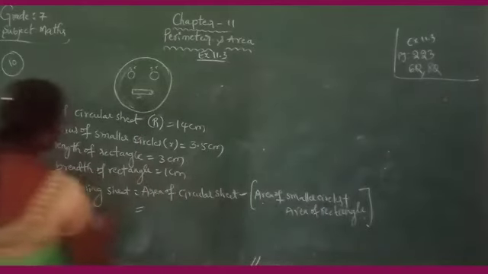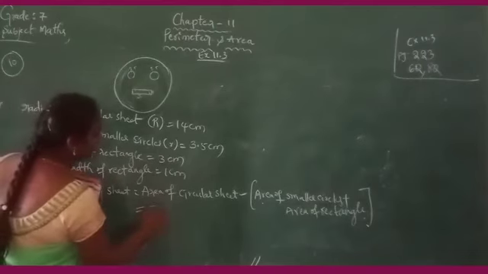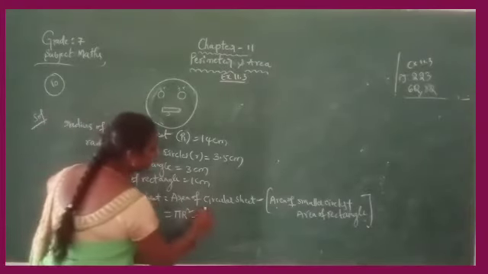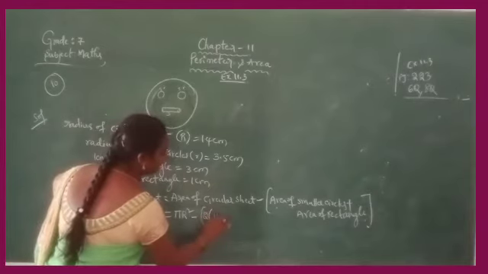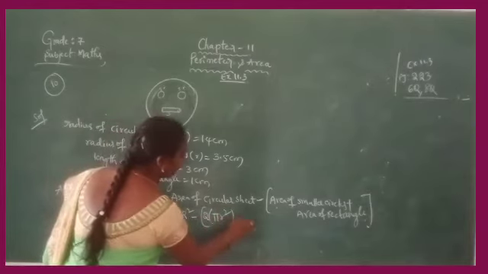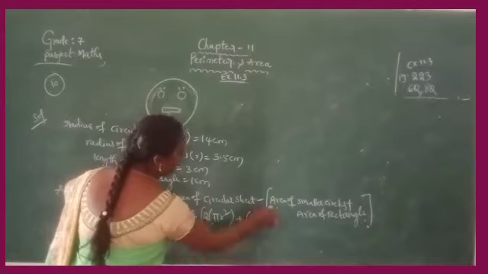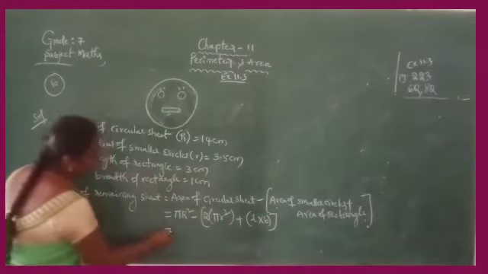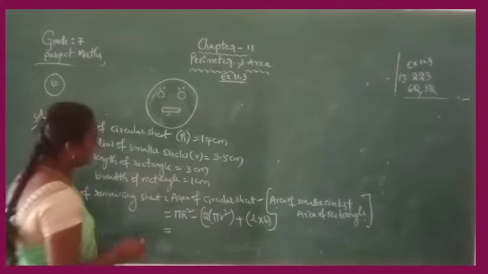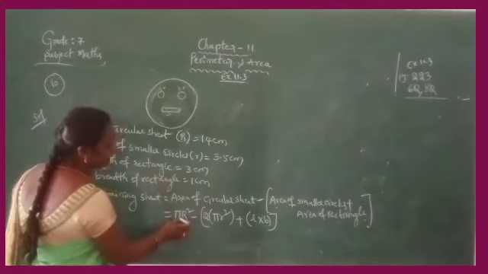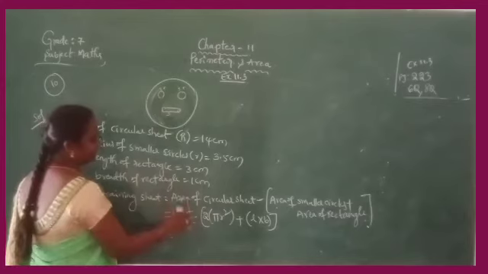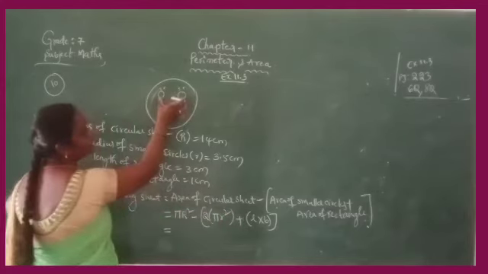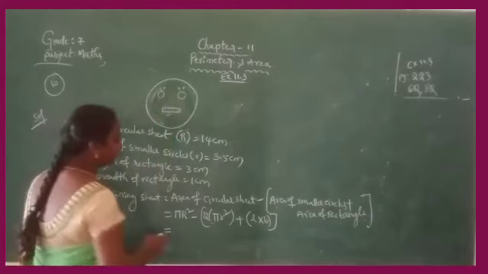We know that the area of the circular sheet is pi capital R square. For 2 smaller circles, that is 2 pi r square, plus the area of the rectangle, which is length into breadth. So don't get any confusion: capital R is for the total circular sheet, and we are subtracting these 2 circles and the area of the rectangle.